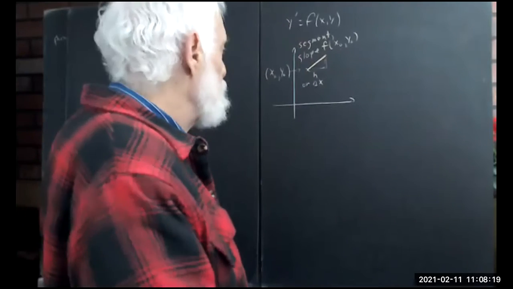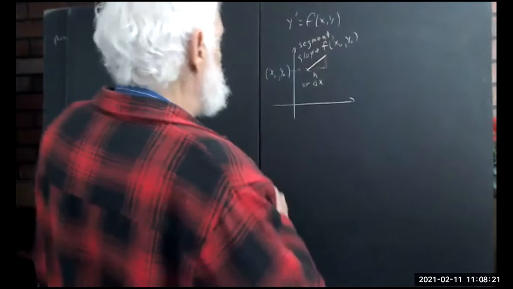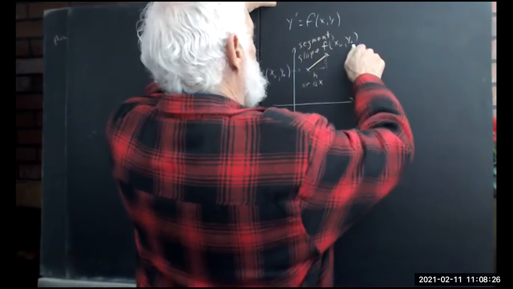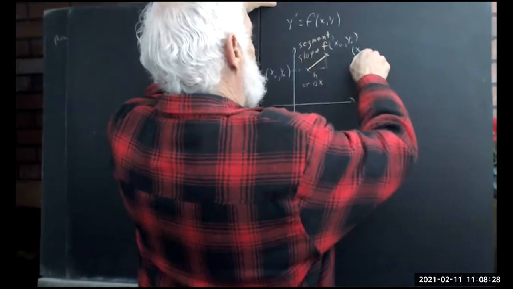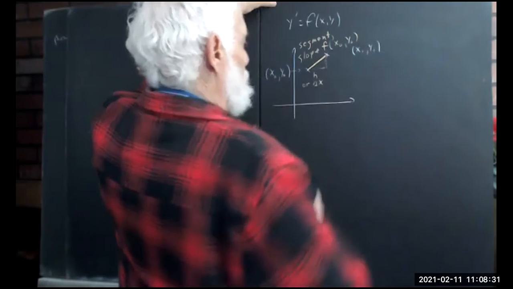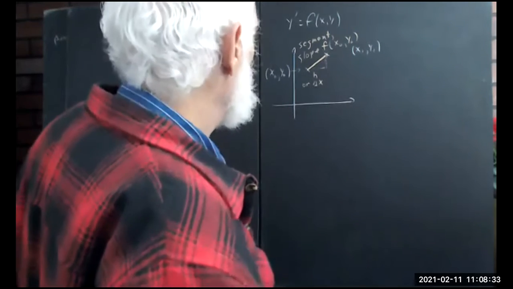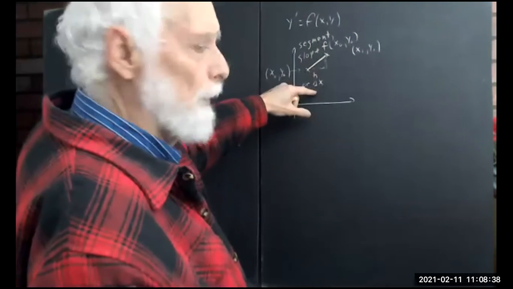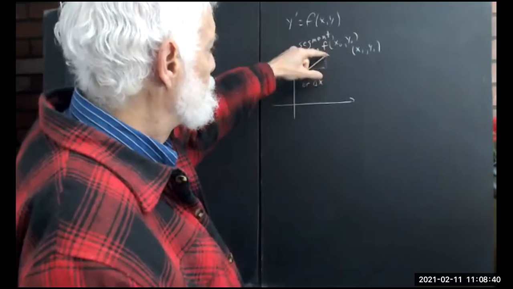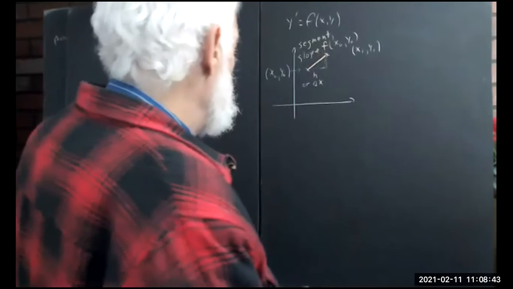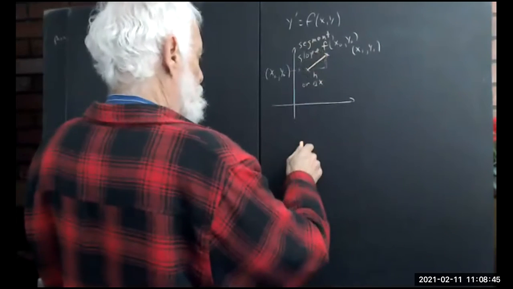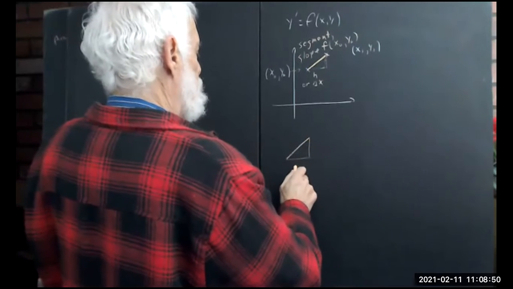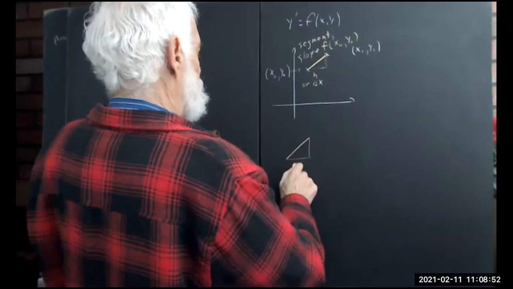Well, we draw this segment and we get out to this point, which is going to be x1, y1. And of course, this is h or delta x. How far do we go here? Let's draw this out here because I don't want to clutter up the picture a whole lot more than I already have. I'll use delta x here.